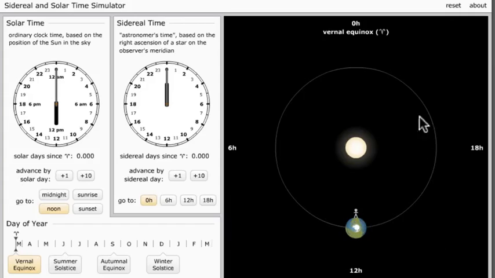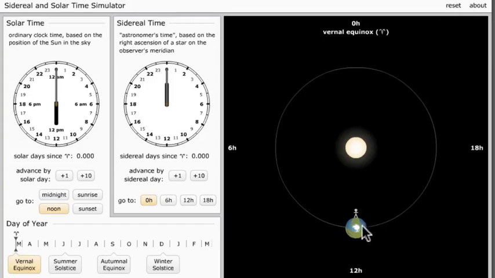The Earth orbits the Sun in the same sense in which it spins about its axis, and what that means is that as we see it, the Sun also orbits us in the same sense in which the Earth spins about its axis. In other words, the Sun appears to orbit Earth once a year, moving from west to east along the celestial sphere. What that tells us is that the Sun cannot be assigned a fixed right ascension. Its right ascension changes over the year.